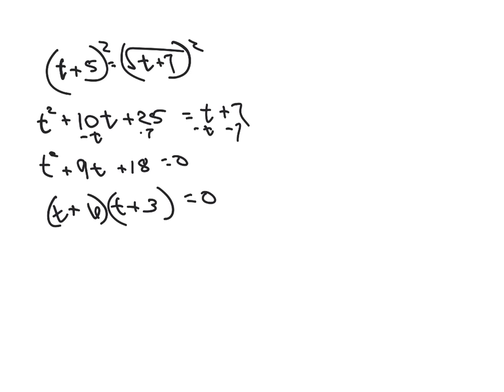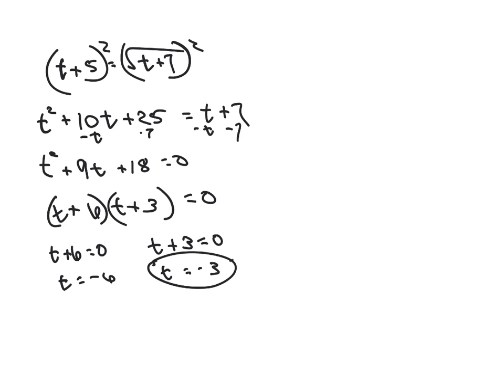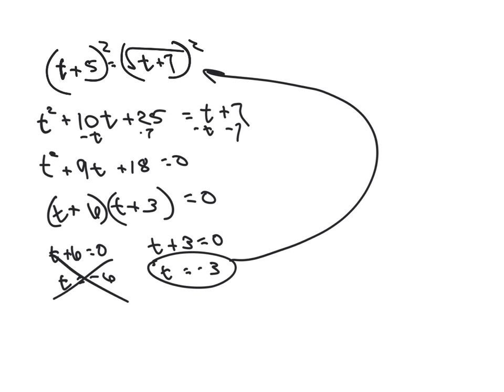Then I do what I've been practicing. First term, or first parenthesis. Second parenthesis. So t equals negative 6, or t equals negative 3. I try both of those, and I discover that my negative 3 works when I put it back here. My negative 6 does not work.